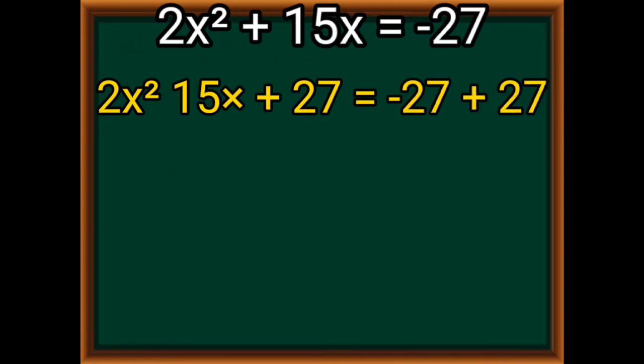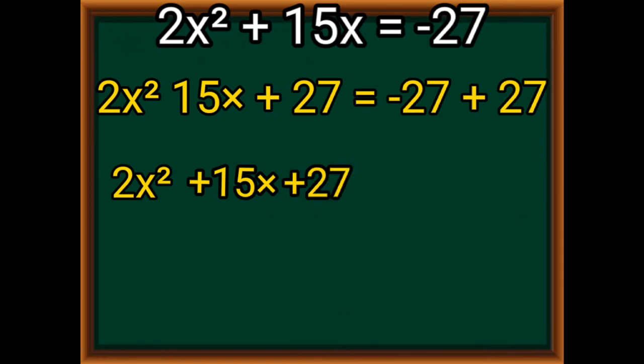Then, copy 2x squared plus 15x plus 27, and add negative 27 plus 27. The answer is 0. So we have the standard form 2x squared plus 15x plus 27 equals 0.